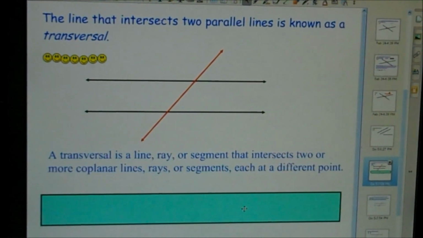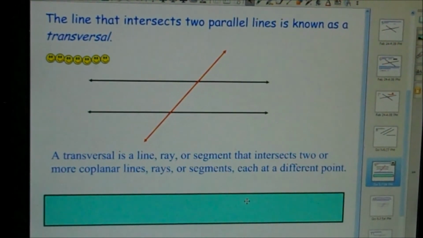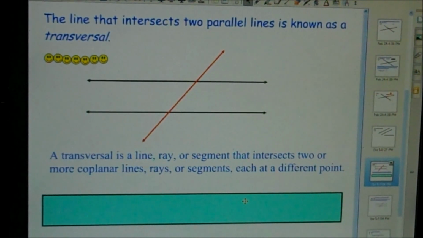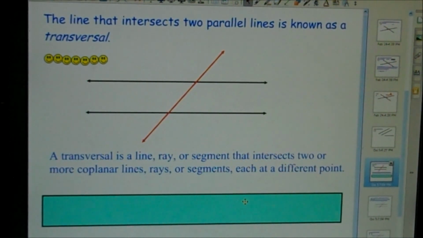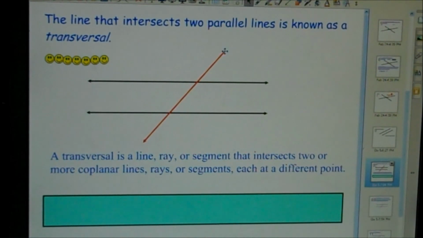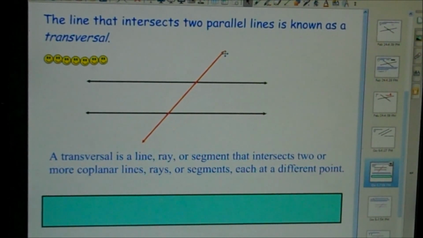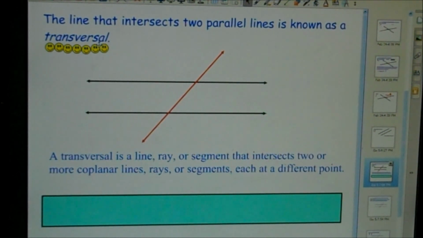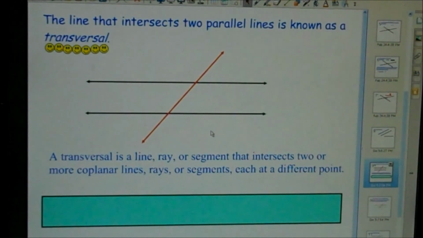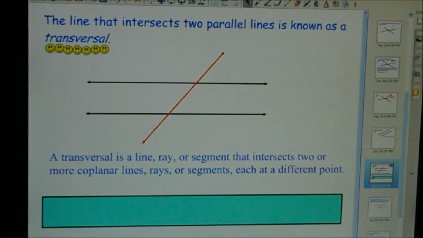A transversal is a line, ray, or a segment that intersects two or more coplanar lines. It intersects rays and segments as well, each at a different point, so it is usually on a slant. Now, a transversal can be upright, but we typically see it as a slant. This is a new vocabulary term. That's why I put smiley faces underneath it. You need to take a minute, write that down, write down the definition before you move on.